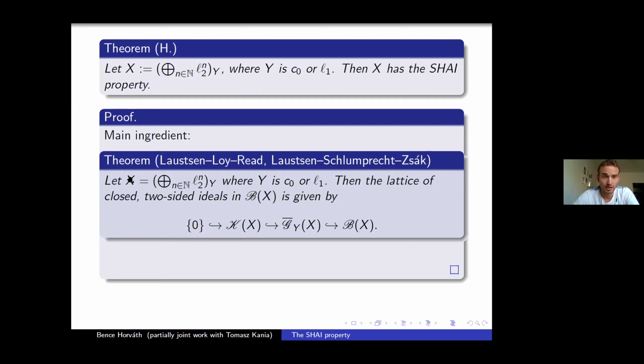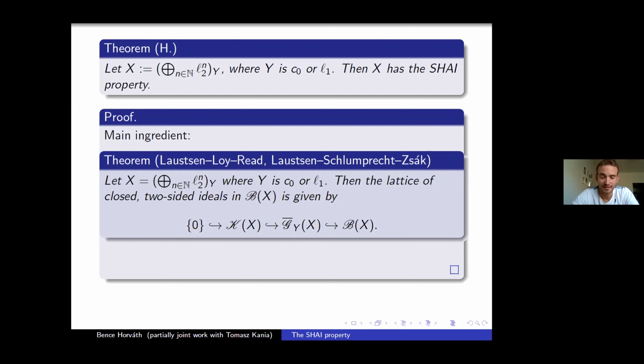And the result says that if you take one of these Banach spaces, then the lattice of closed two-sided ideals is given by this chain. The c0 case was done by these three, and the l1 case was done by these three, I believe. I hope I'm not wrong about this, but they'll surely correct me.